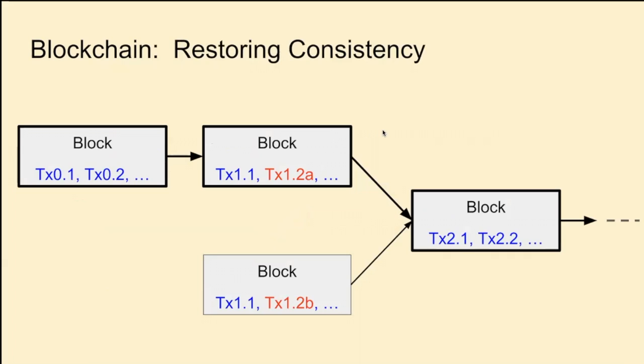And the mechanism that is used, at least the one that's used in Bitcoin, so the one that was proposed as the first consistency control mechanism for blockchain, relies on two properties. The first one is that blocks are actually very expensive to create. And it takes a long time to create a block, which means that they're not going to be created all that often.